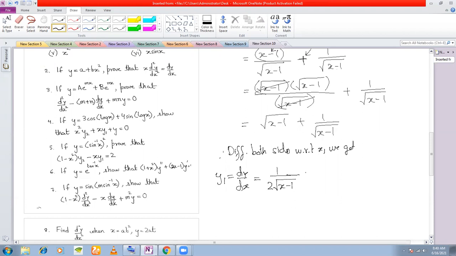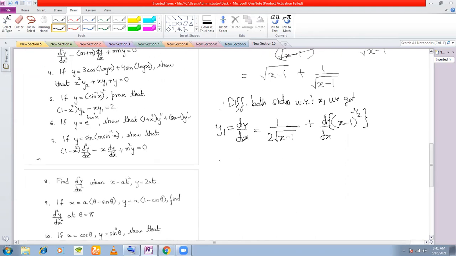Okay. And how do you differentiate this one? This is d/dx of x minus 1 to the power of minus half, isn't it? So you have 1 by 2 root x minus 1. If you want to differentiate this, you can differentiate this by the power rule.